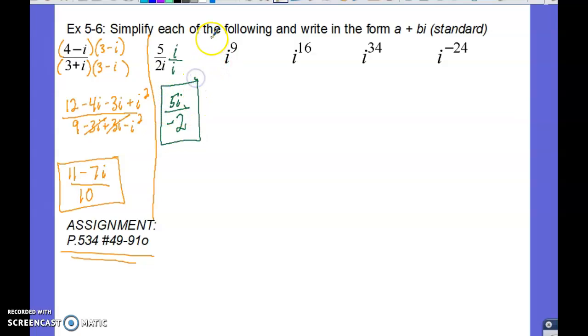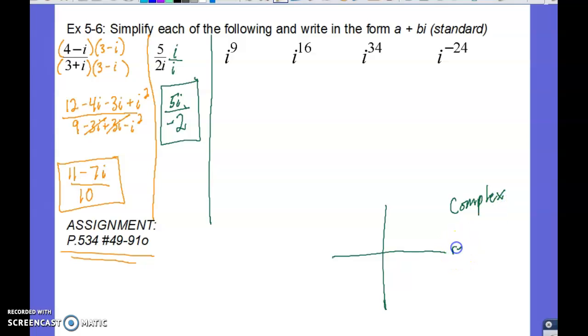That's it. Now remember, I talked about this one in the first video, and I gave you this really weird statement that what I was actually doing is giving you the complex plane, where this is the real part, and up here is the imaginary part. And the exponent is how many quarter rotations you do. So if we start with i to the 0 power on the positive x-axis, that's on the real number line to the right 1.